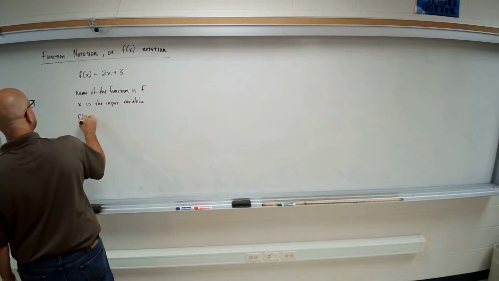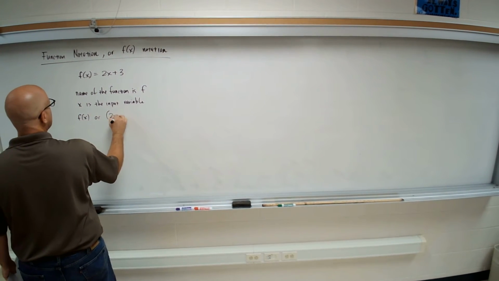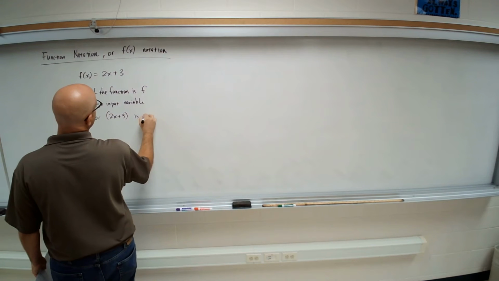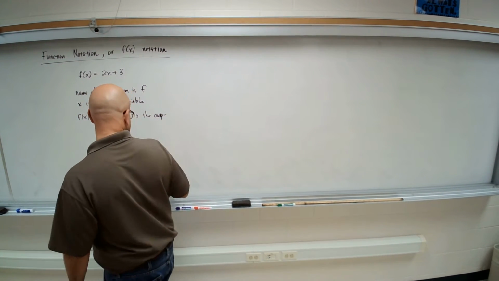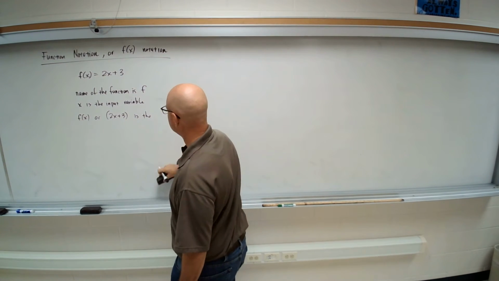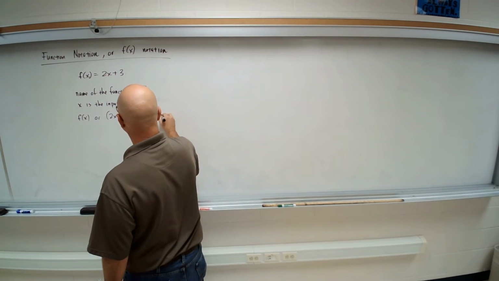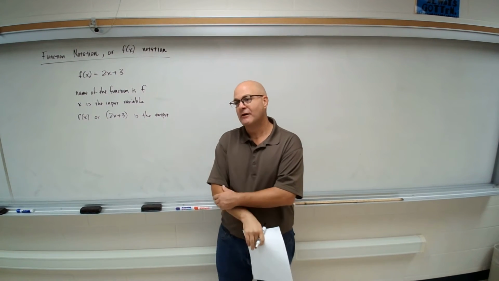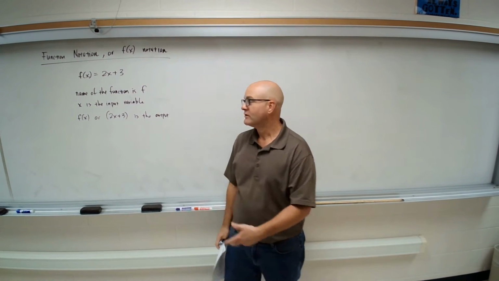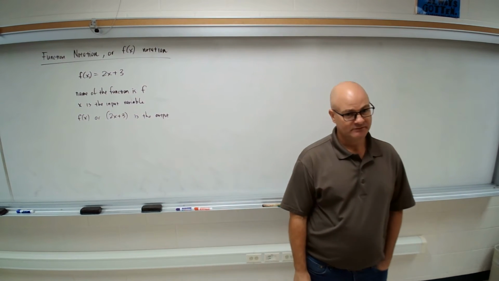F of x, or the expression 2x plus 3, is the output. So the whole left-hand side, f of x itself represents the output, or 2x plus 3 represents the output.